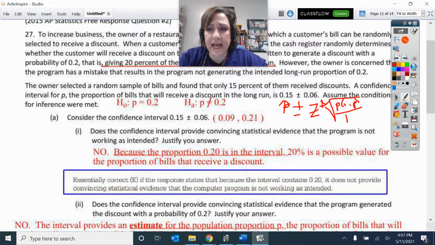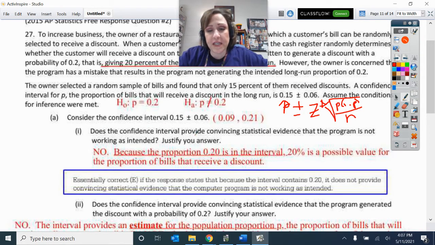For proportions, it's that. Okay. So that's what all that is. I had written myself a note that it's going from 0.09 because I subtracted 0.06 to 0.21 because I added 0.06.